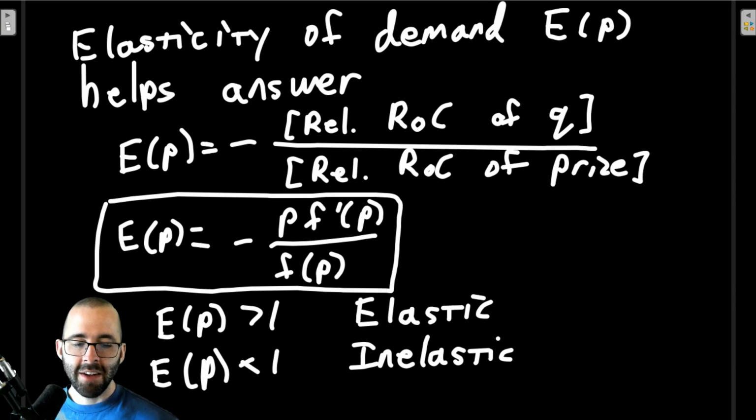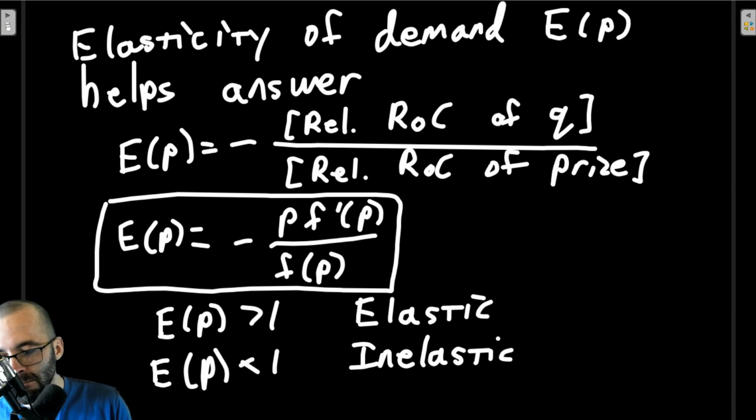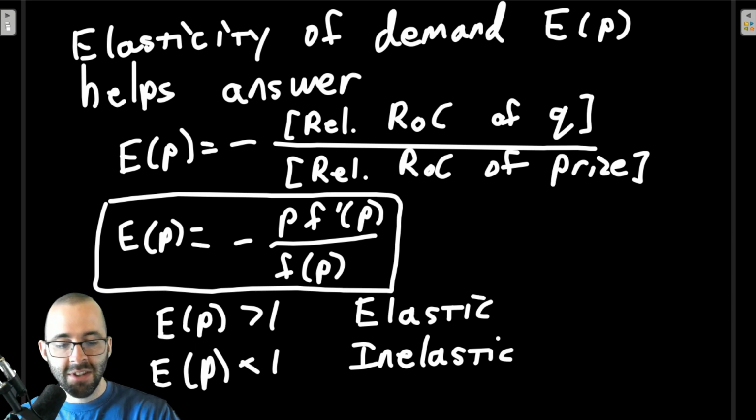So if we can change the price by a lot and it doesn't change demand very much, we want to increase that price if we want to maximize profits. If we raise the price and people are still buying it, that's beneficial for our revenue generation, at least in the short term. We'll talk more about what this means in the next video.